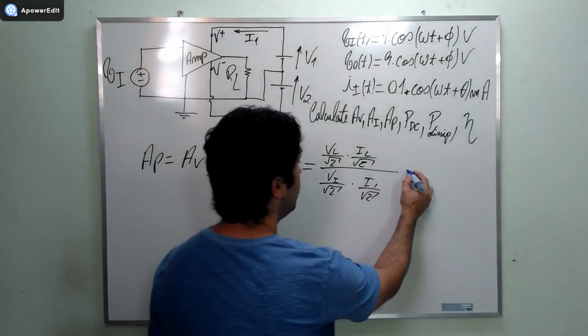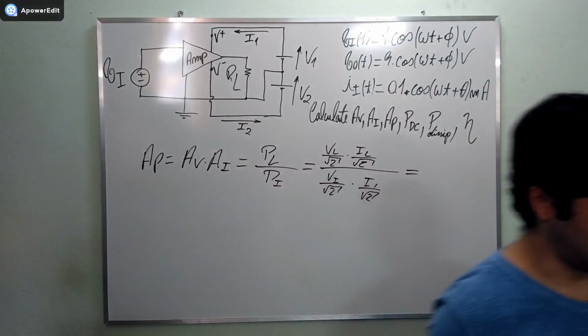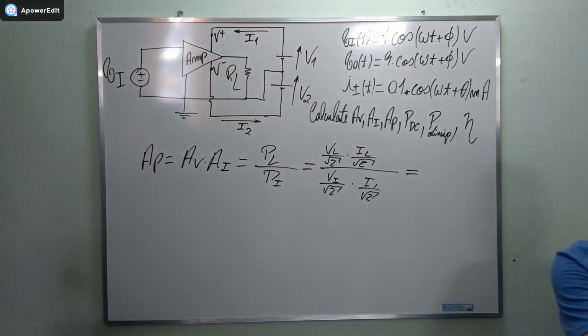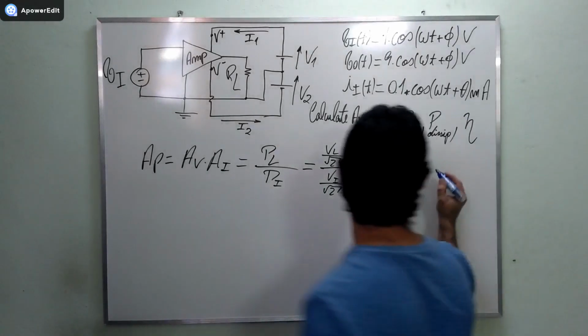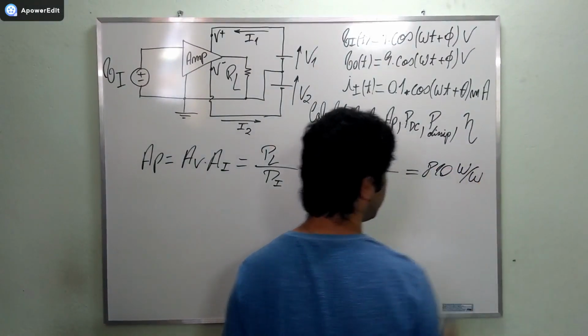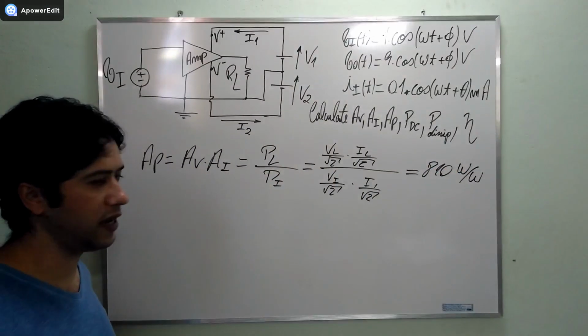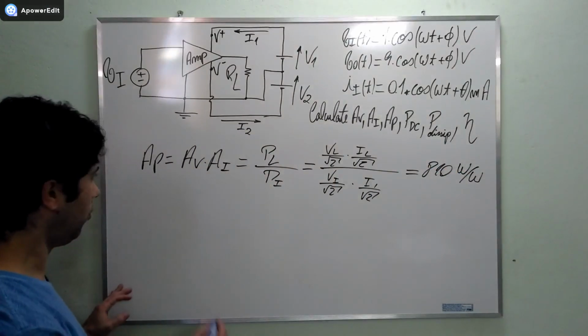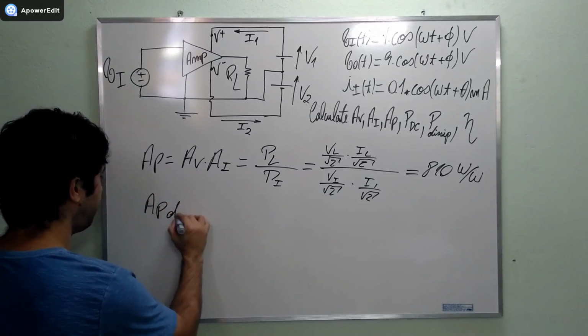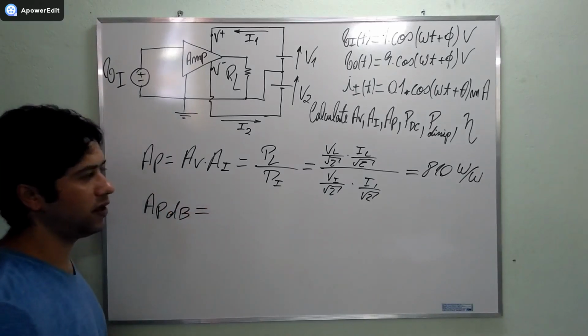And then we find that the power gain, already calculated, is 810 watts per watt. Now we want to express the power gain in decibels.